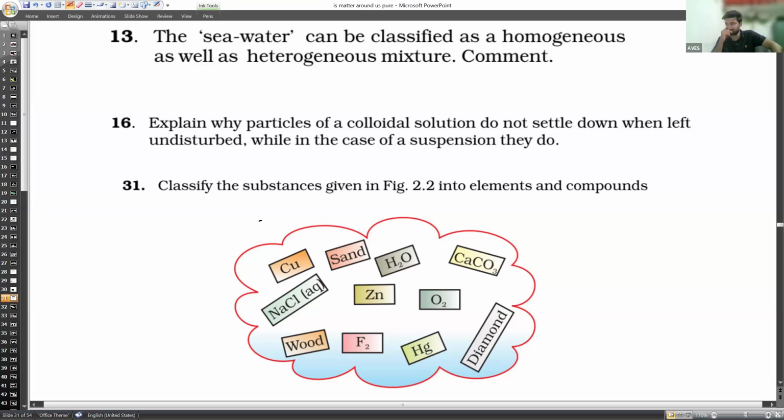Yes, Alif, have you noted question number 13? And you, Huda, yeah, you, Hafsa, have you noted? Yeah. Okay, what could be the answer for this question number 13? Alif, can you answer me this question number 13?